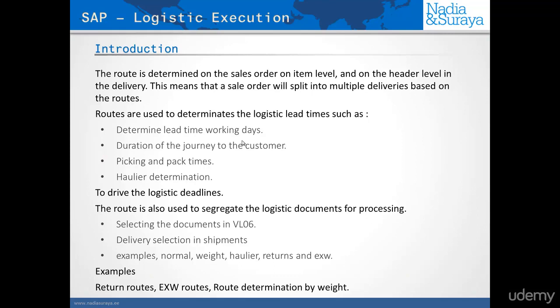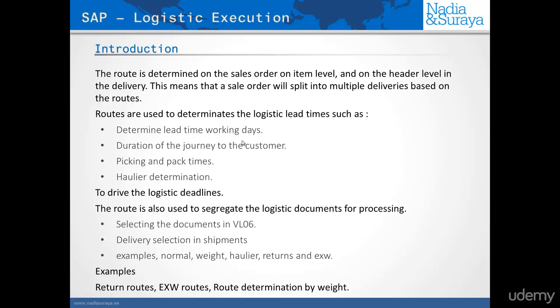This means that we could have a scenario where a single sales order could have multiple routes, and when you create a delivery, the sales order would be split across these multiple deliveries, with each delivery having a different route. Once we have a look at how the route is determined, we can see why a particular item could have a different route.